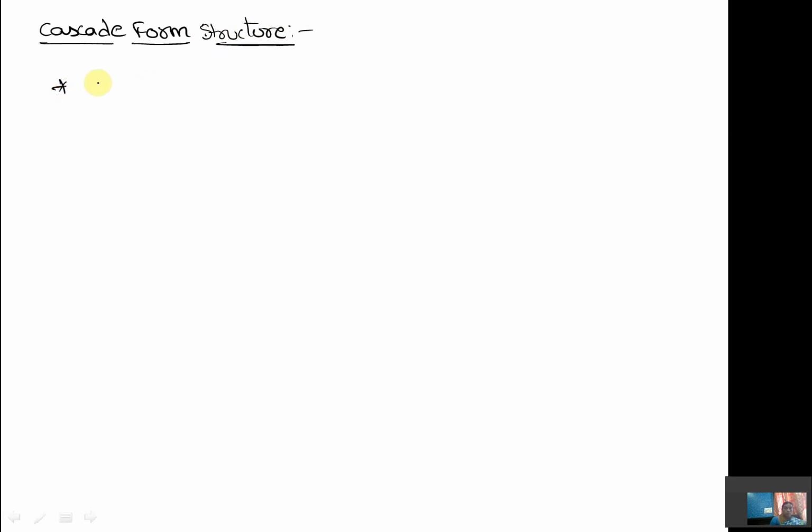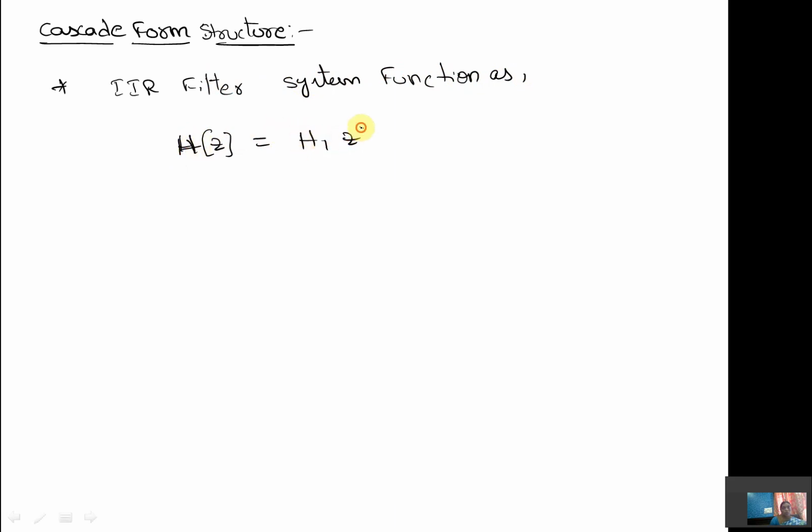Okay, here let us consider an IIR filter system function as H(z), that is a product of individual system functions like H1(z), H2(z) and so on, Hk(z).